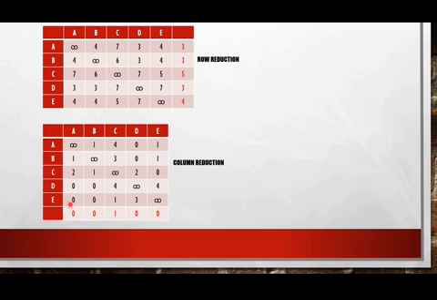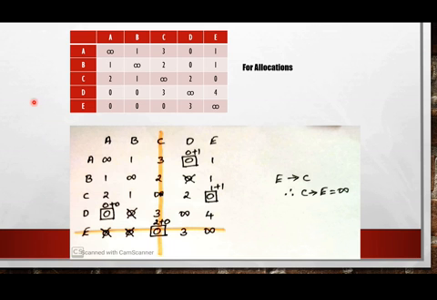Last row 0, 0, 1, 3, infinity. Now check whether all columns have zeros. No, third column does not have. So perform column reduction. 0, 0, 1, 0, 0 are the minimums. So subtract. The resultant that you get will be infinity 1, 3, 0, 1, 1 infinity 2, 0, 1, 2, 1 infinity 2, 0, 0, 0, 3 infinity 4, 0, 0, 0, 3 infinity.